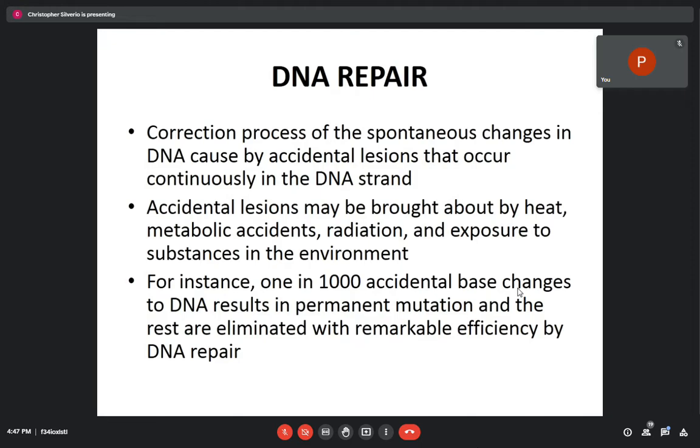You can just imagine what will happen to the DNA of the skin of Jem. But in spite of that, the skin of Jem is still flawless and very smooth.